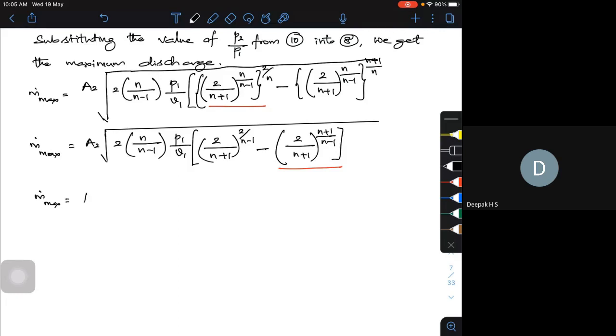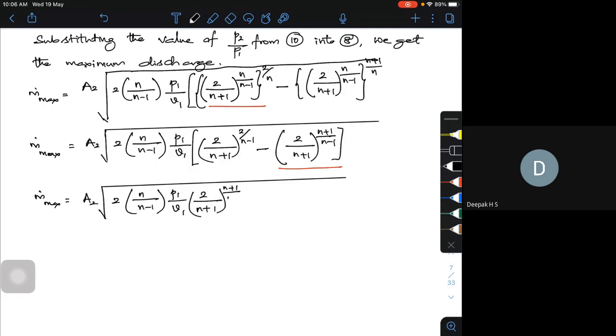It is equal to A2 into the square root of 2n/(n-1) into P1/V1, (2/(n+1))^((n+1)/(n-1)). I am taking it outside. So this will be 2/(n+1), and I have the power 2/(n-1). So then what will happen?